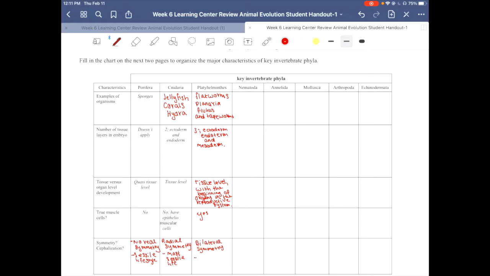And these are going to have locomotion. So they tend to move around a lot from place to place and usually don't stay in one place for too long.